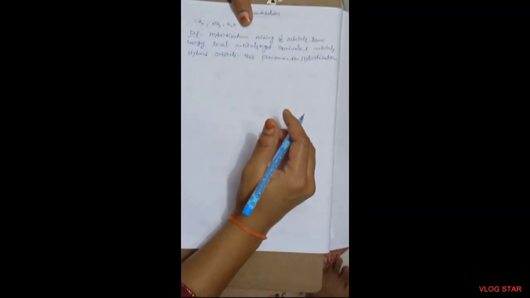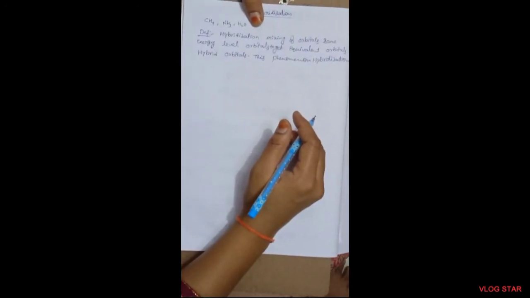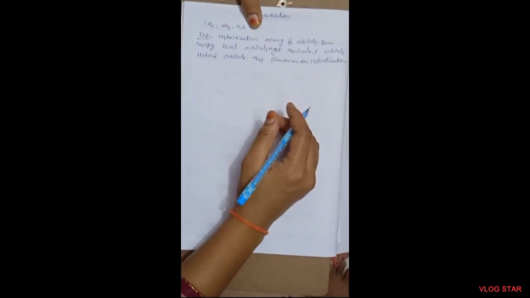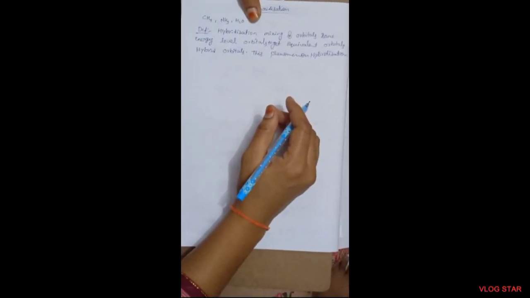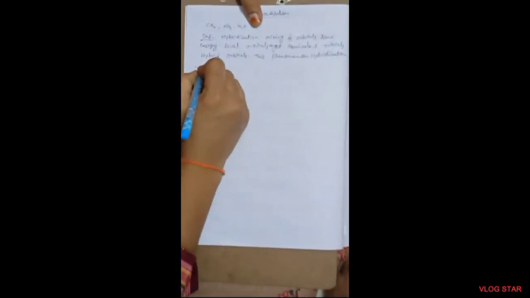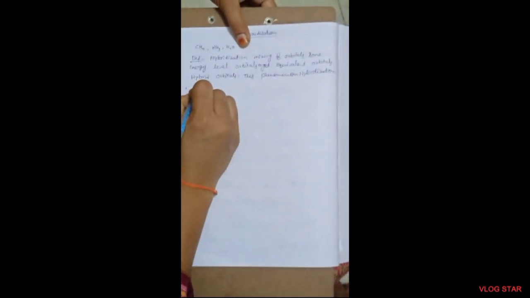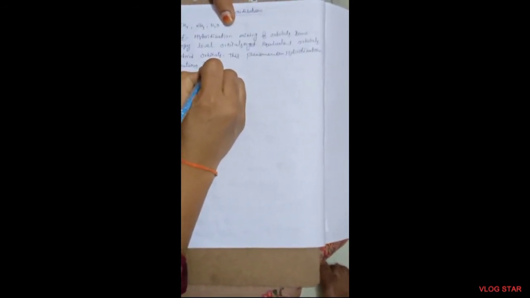What are the salient features of hybridization? The main feature is that we mix a certain number of orbitals, not a number of electrons. See, this is the main important feature. Features of hybridization.